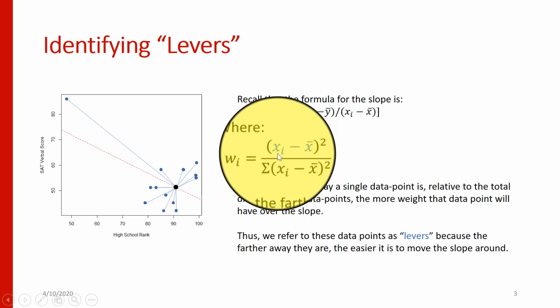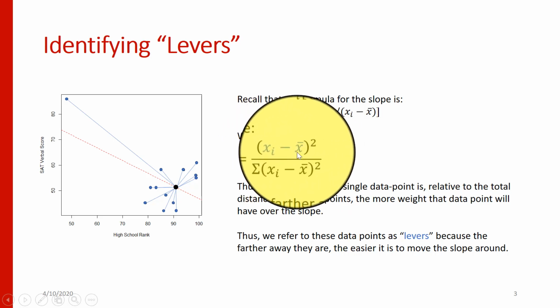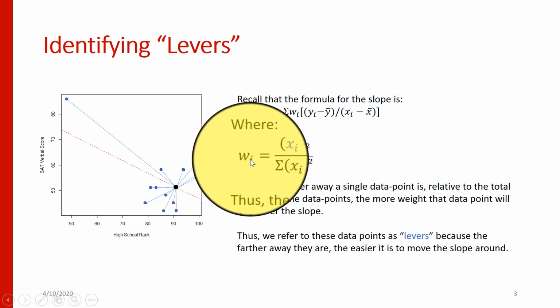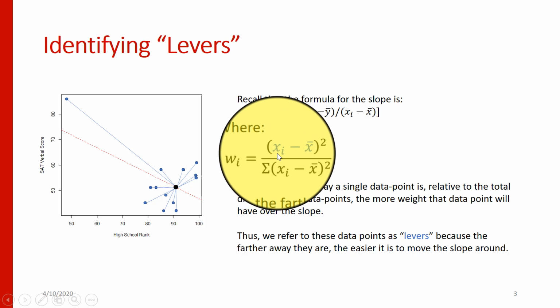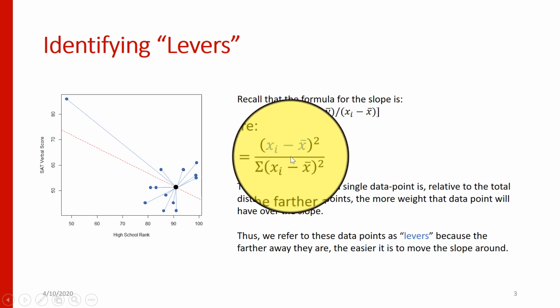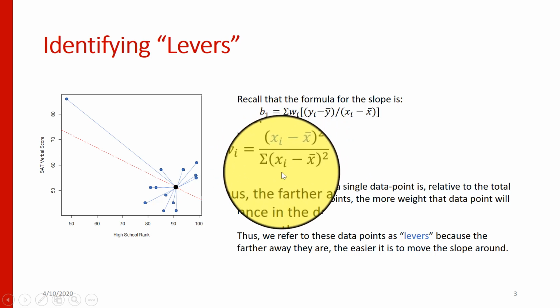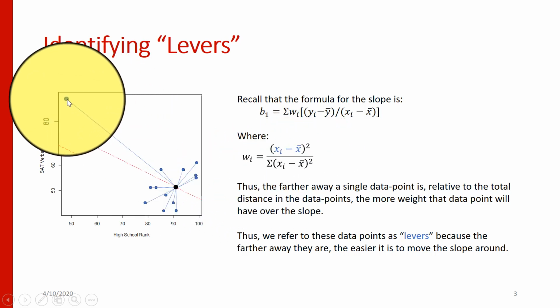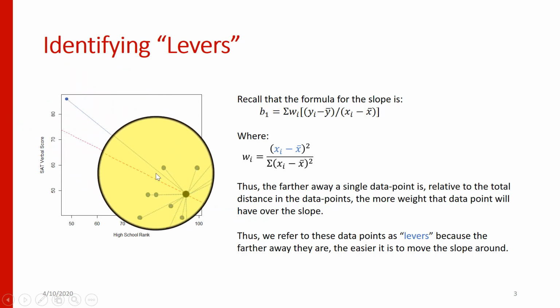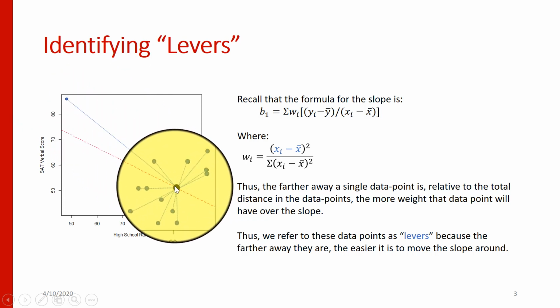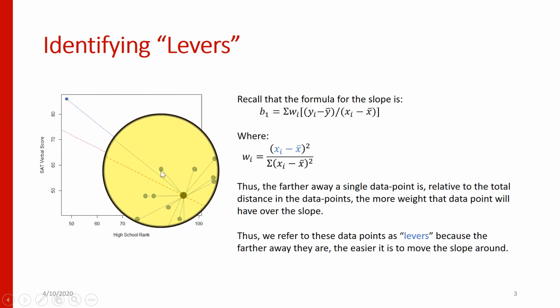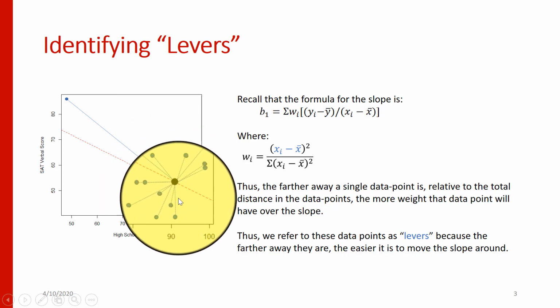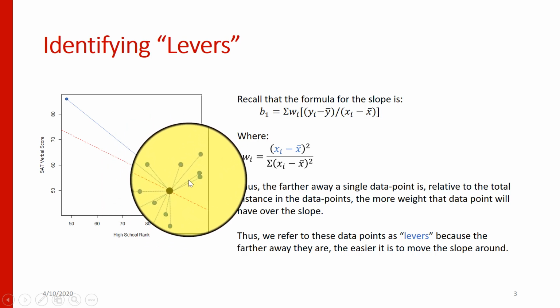What that is in essence saying is, for each individual data point, we're going to get a weight which is based on how far that data point is away from the mean x. But that is balanced against how far away all these data points are on average from the mean x. So in this case, we have one data point that is very far away from the average x value, whereas all these other data points are going to have reasonably similar distances to x.